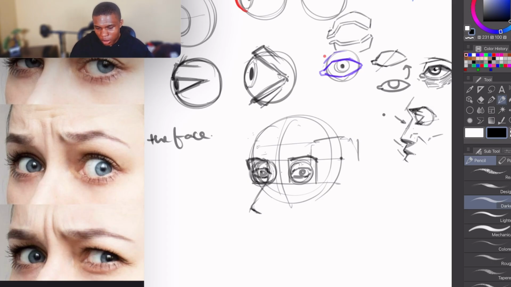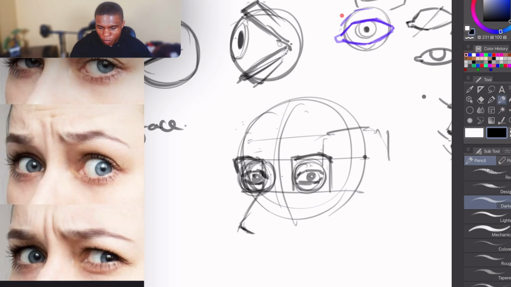And in some instances, the full side of this eye doesn't show. So kind of take note of that when you're drawing.